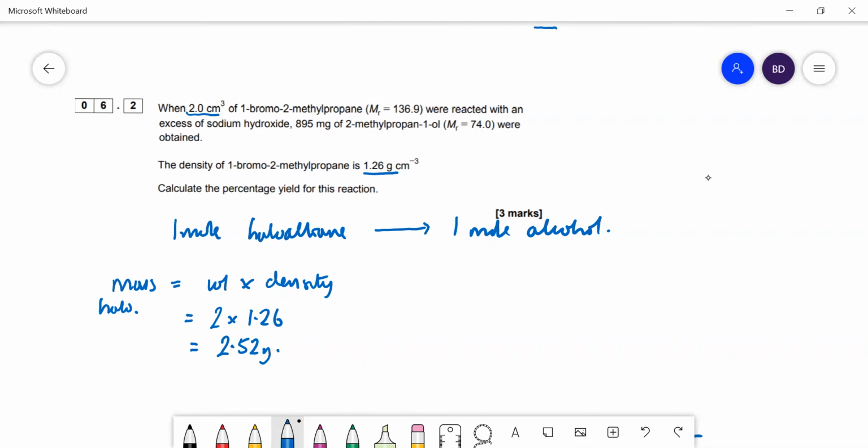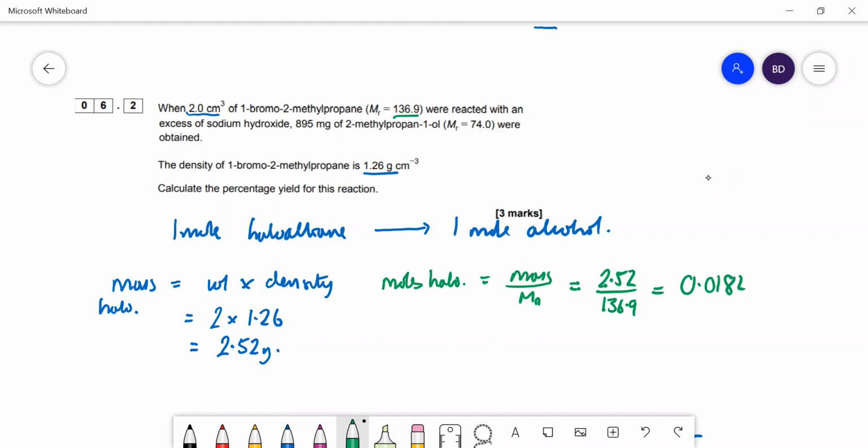Right, now we need to work out the number of moles of the haloalkane. That's equal to the mass over the MR, and they give us the MR, 136.9. So 2.52 divided by 136.9 gives us 0.0184 moles.